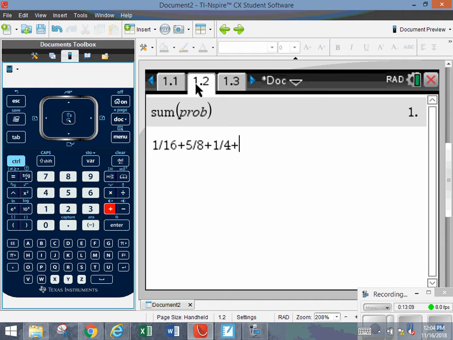One 16th again. It does fractions for us. It's beautiful. That is great. So it adds to 1. And then each probability is between 0 and 1, so yes it is. The answer would be yes. Okay.